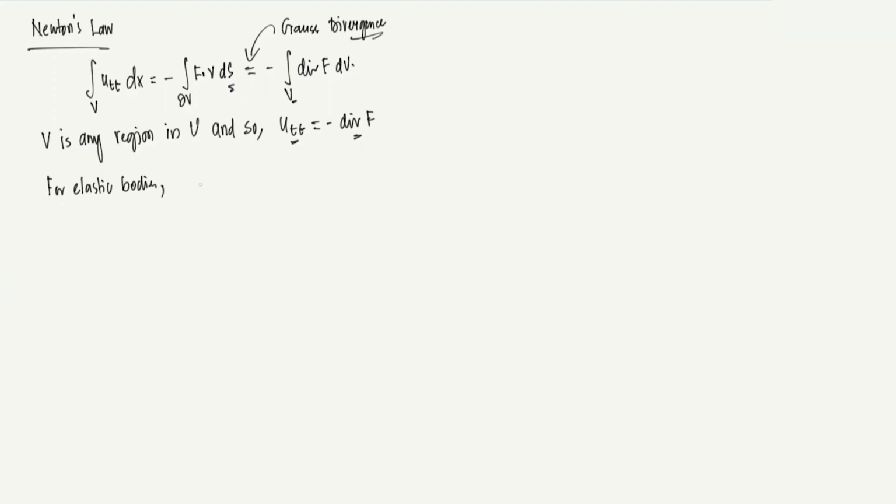For elastic bodies, what do you have? F is a function of the displacement gradient, given by a function of the gradient of u.